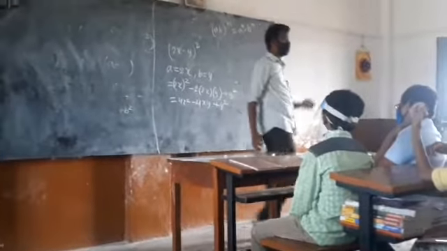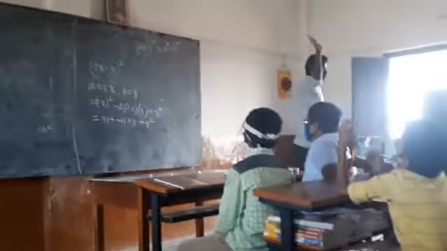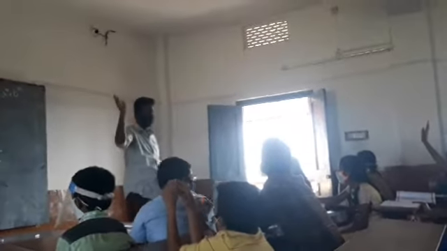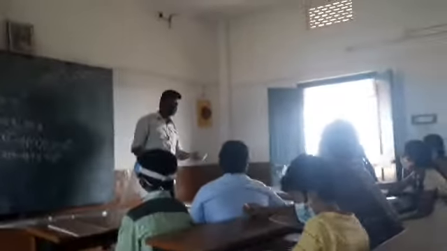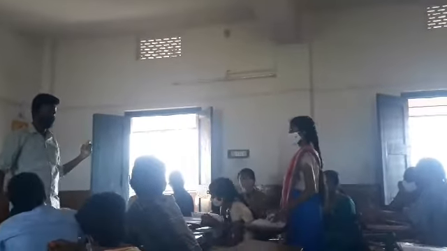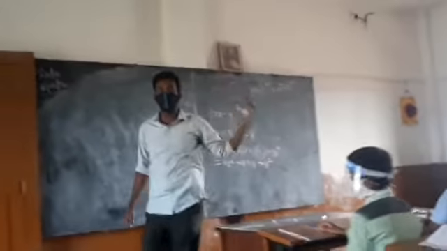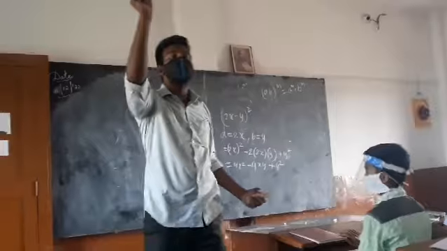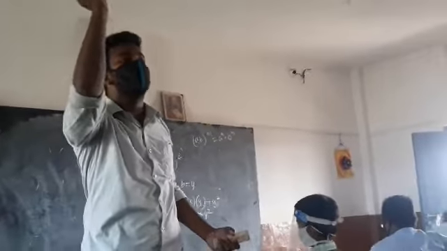From this row, what is a minus b whole square? Who will say? Louder. A square minus 2ab plus b square. Very good. If you look at a plus b whole square and a minus b whole square, the negative sign occupies the 2ab; the rest of the things are the same.